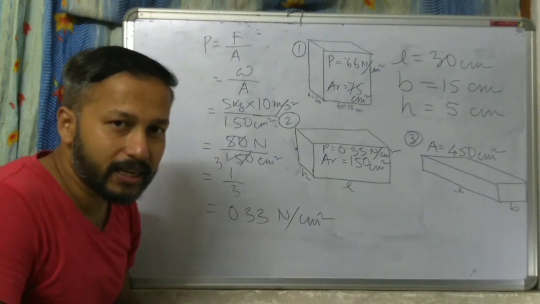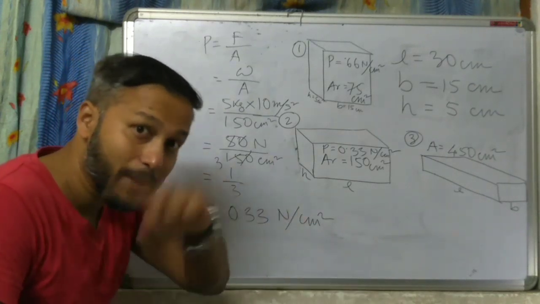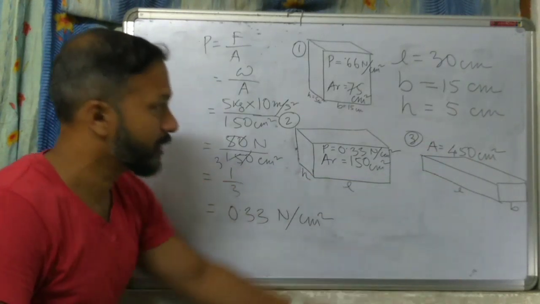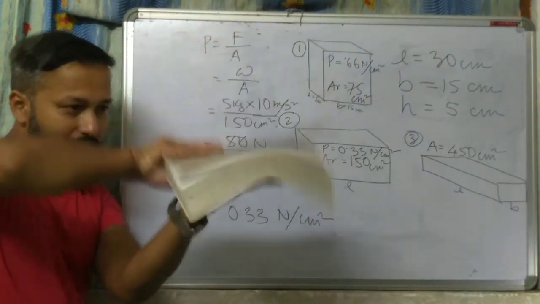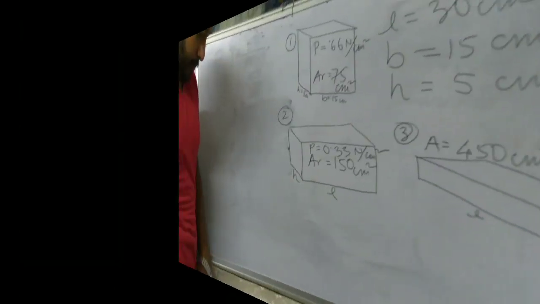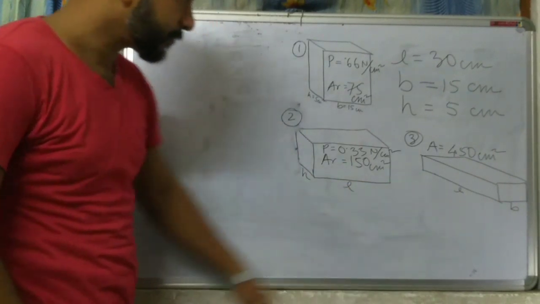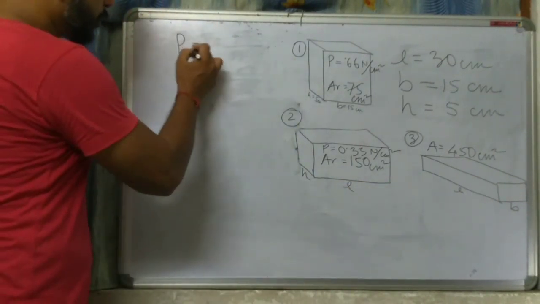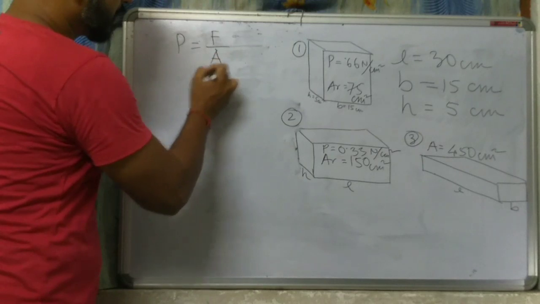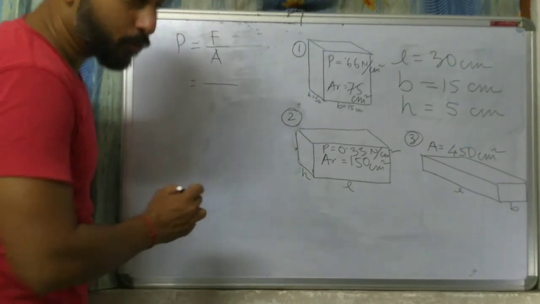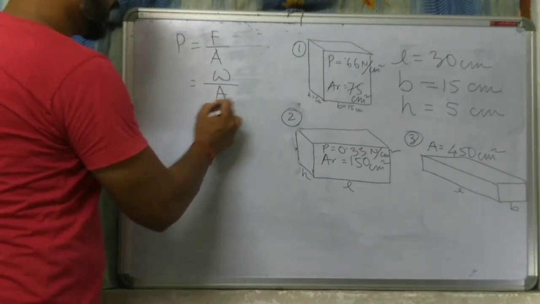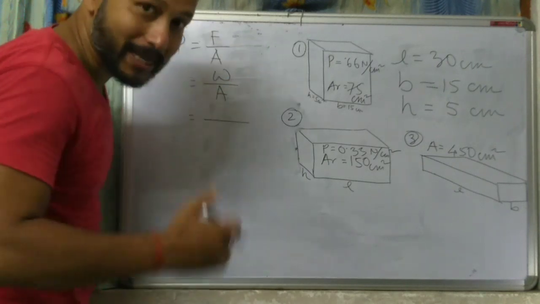Now let us find the pressure exerted by the same book when you are placing it this way. Condition number 3. Pressure equals force by area. Force means weight of the book by area. Weight means mass into gravity.